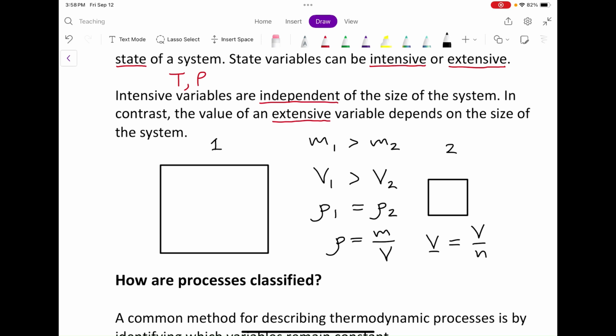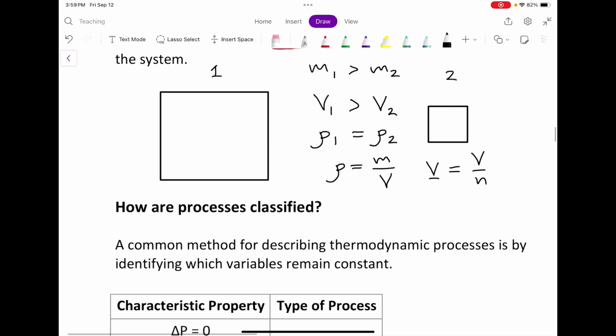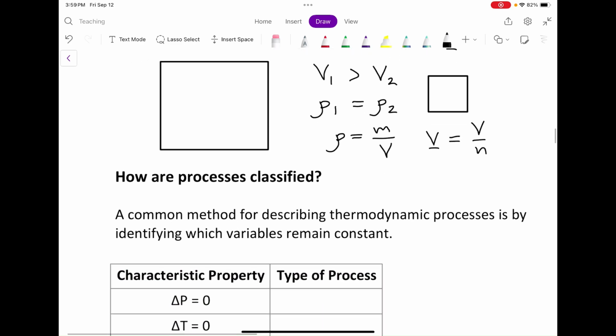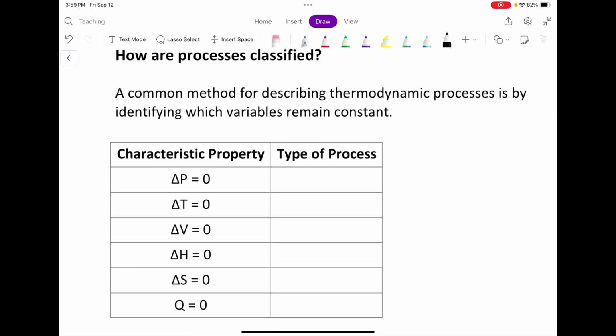So now that we have covered that part of this section, we can talk about how we classify different processes. A common method we use is just by looking at what variables remain constant, right? So if we have a process in which pressure is constant, there's no change in pressure, we would call that an isobaric process.